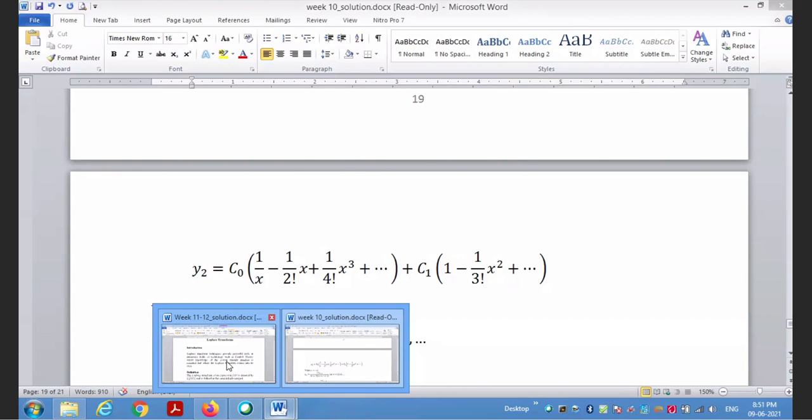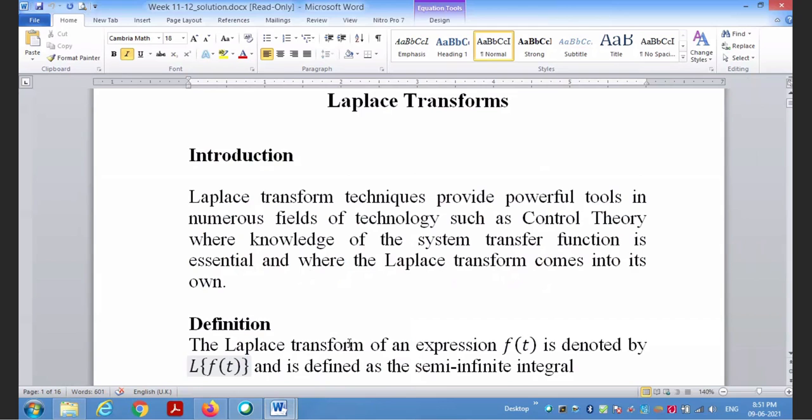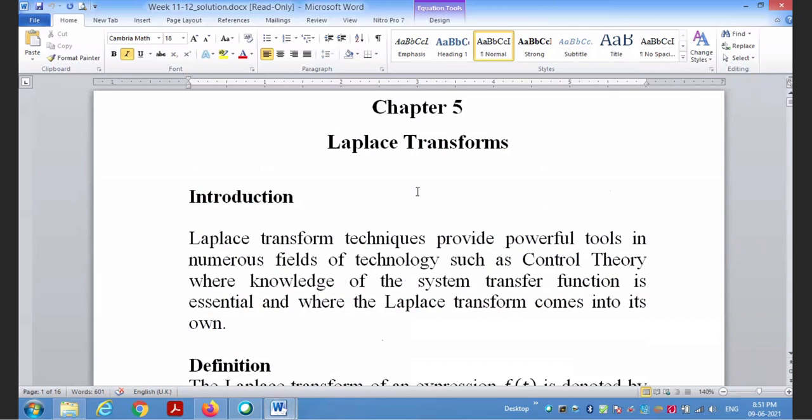So I will continue with the last topic. Even though you are focused on your third test, I also have to finish our syllabus. I have no choice. So tonight I will introduce you to the basic concept of Laplace transform. Again, what is the use of Laplace transform?